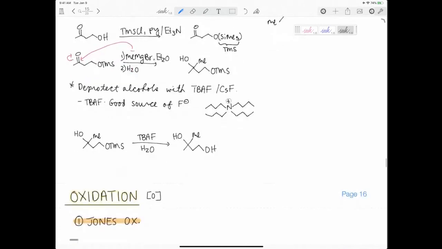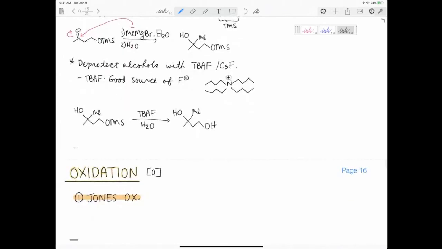Fluorine and silicon have a really good affinity to each other. That's why we would use that to rip it out and then put it back with the hydrogen in there. I'm just going to write here, no need to know the mechanism. It's a good thing.